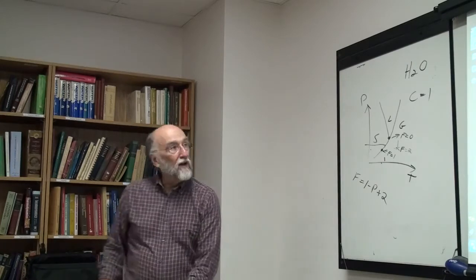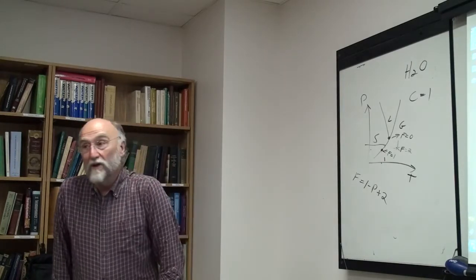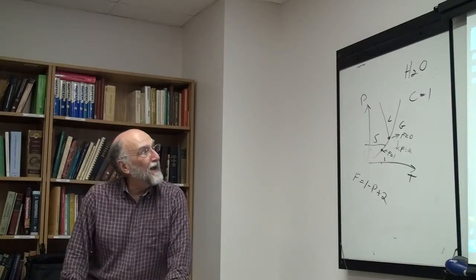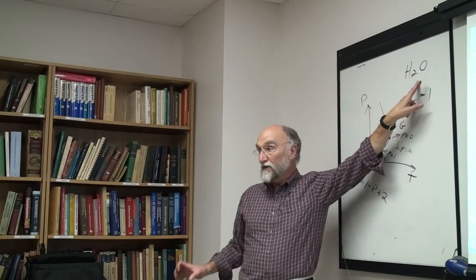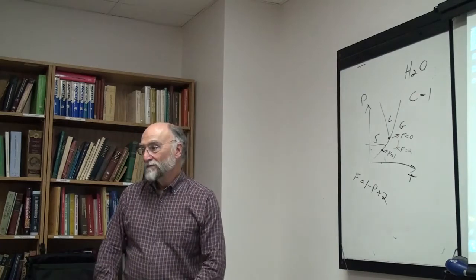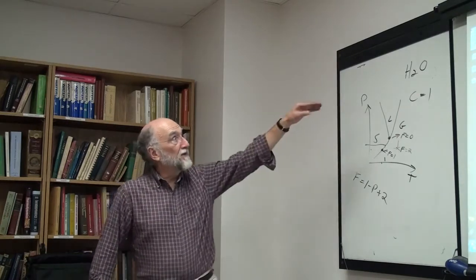But what I'm in here is a quasi 1-component system, which means that anywhere I am in the diagram, every phase has exactly the H2O ratio of hydrogen to oxygen. In that case, this becomes a one-component system, because every phase follows the same stoichiometry.